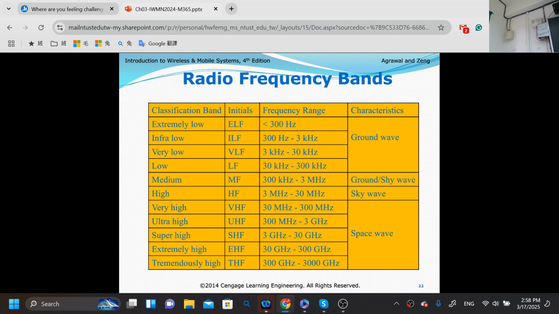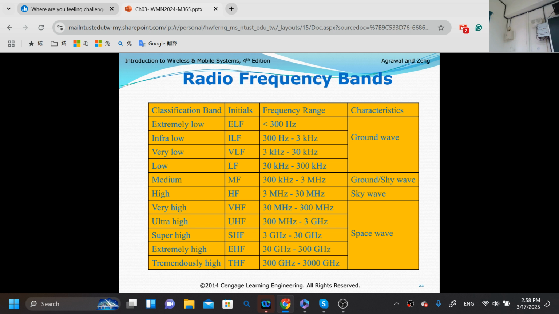Based on this way, we can find the frequency bands from extremely low, ultra low, very low, low, and then medium, high, very high, ultra high, super high, extremely high, tremendously high. And so we can have the corresponding ratio to represent the frequency band.